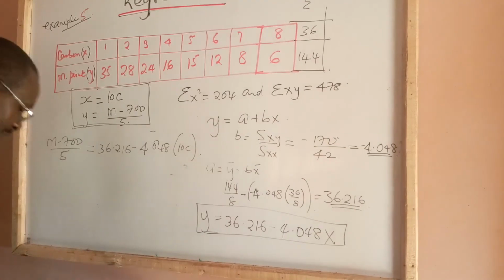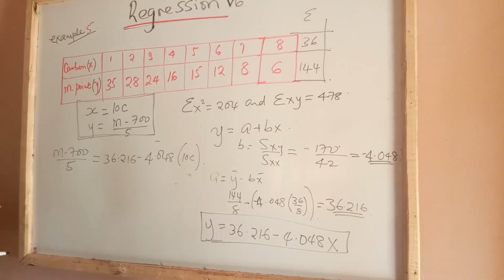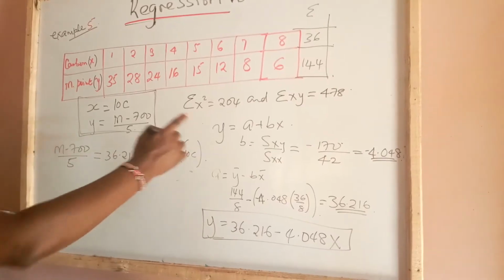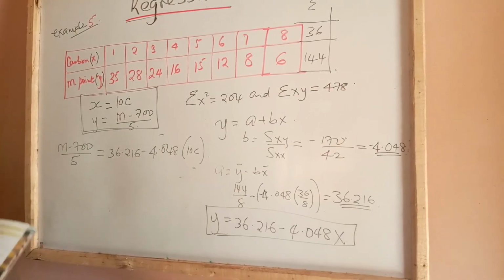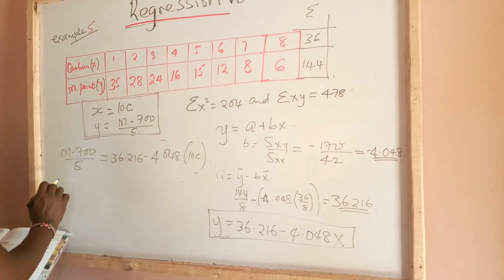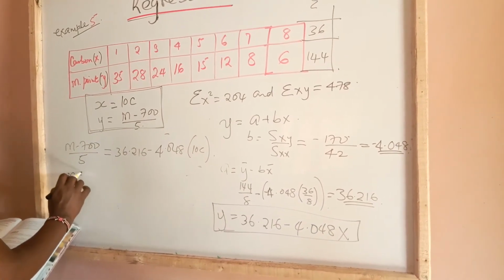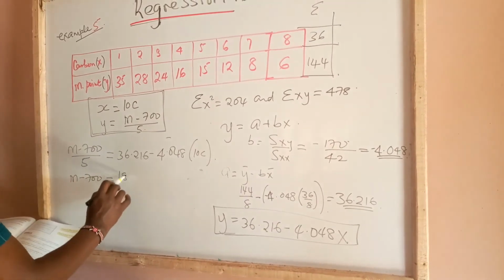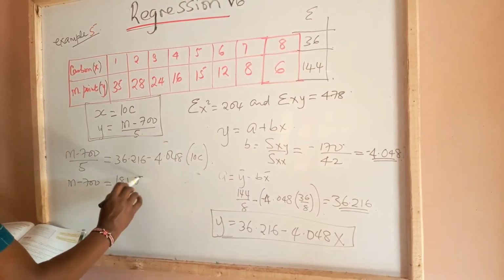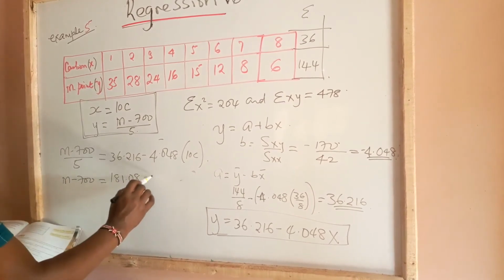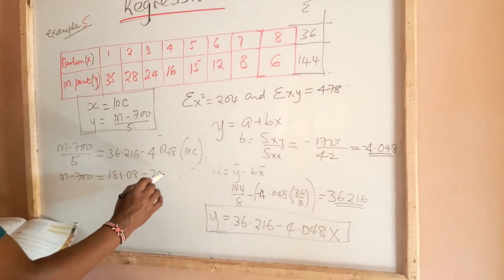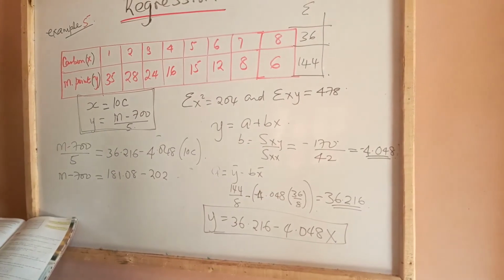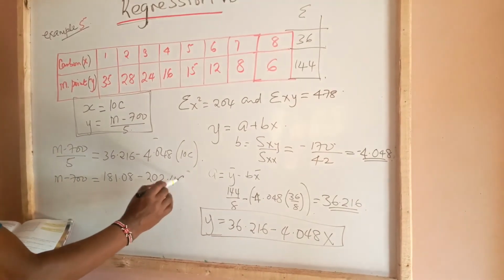And at that point, we just need to make m the subject of the formula. We can already see that if you multiply everything by 5, you are first of all going to find m minus 700 is equal to 181.08 minus 202.4c.